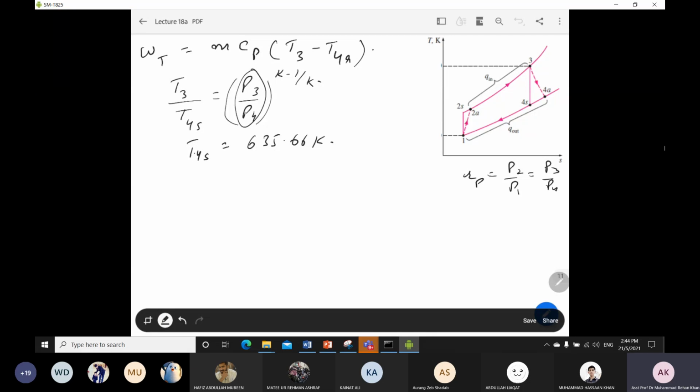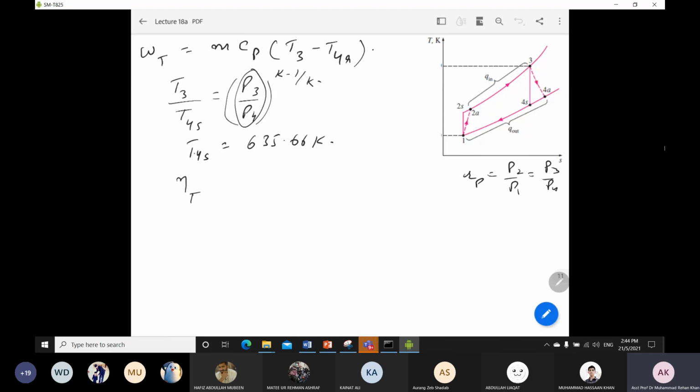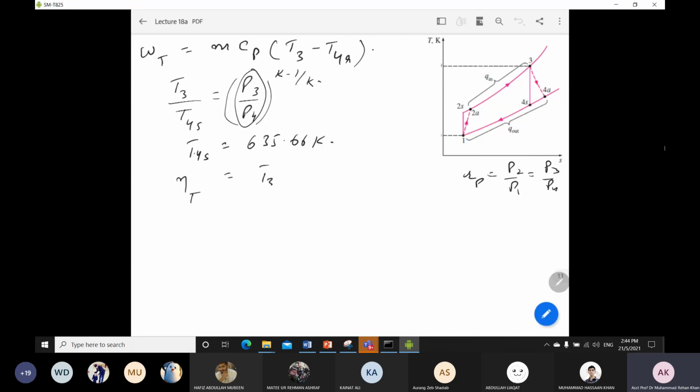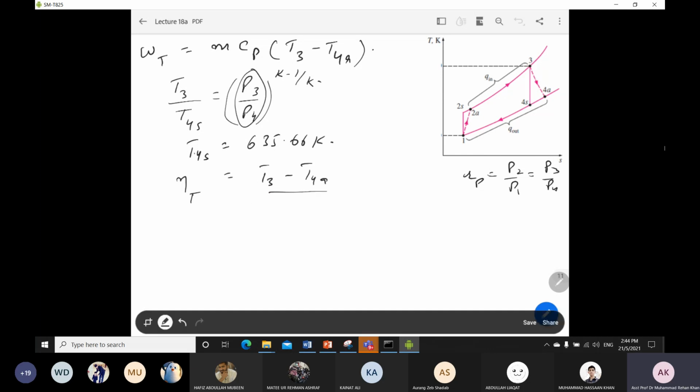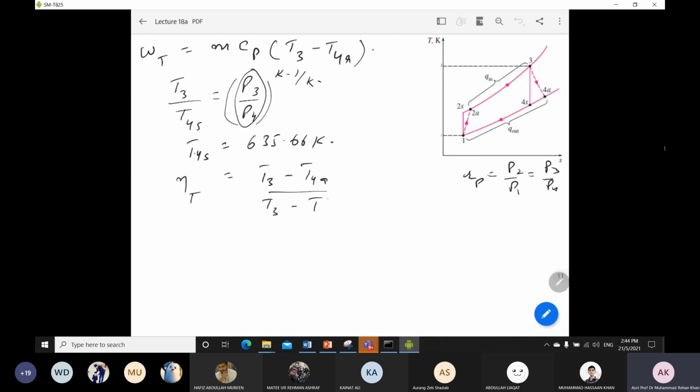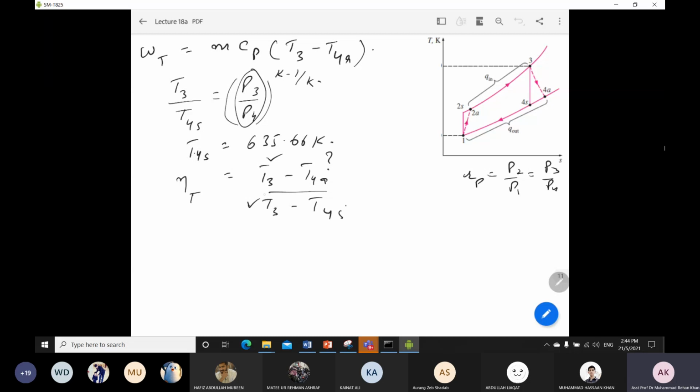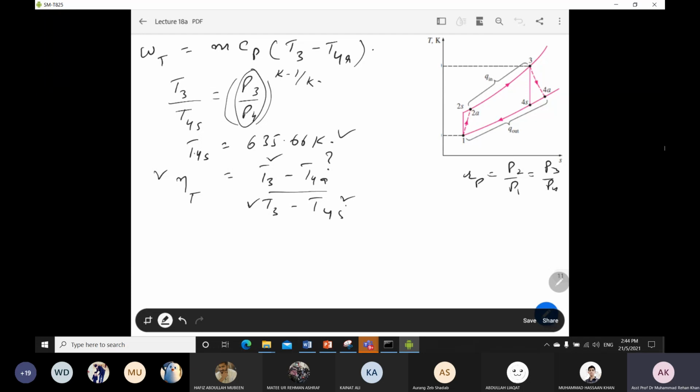Now we have to go towards T4A. For T4A, we can simply apply the relation for the isentropic efficiency of the turbine, which is equal to (T3 minus T4A) divided by (T3 minus T4S). We have the T3 value, T4 we have to find, T4S we have just found in the previous case, and the isentropic efficiency of the turbine is 0.8.